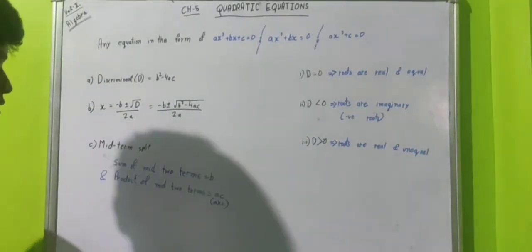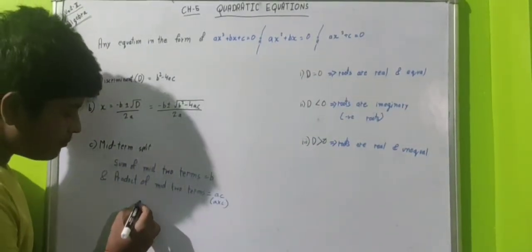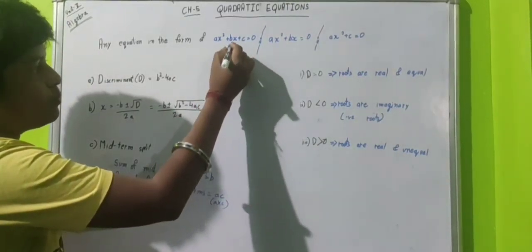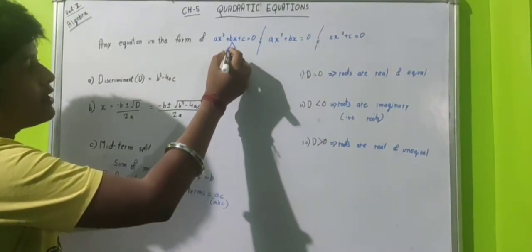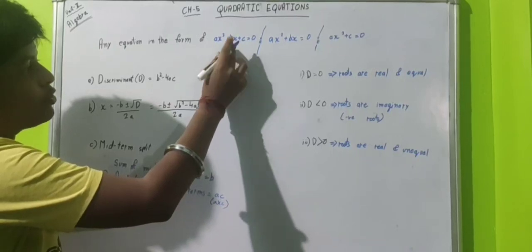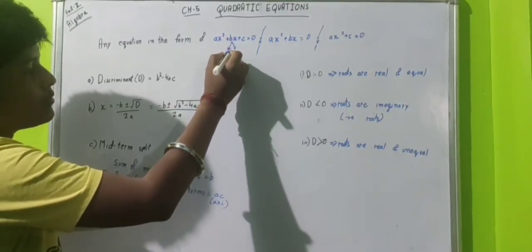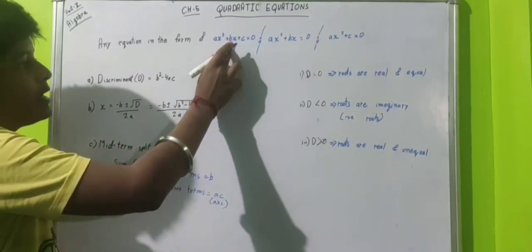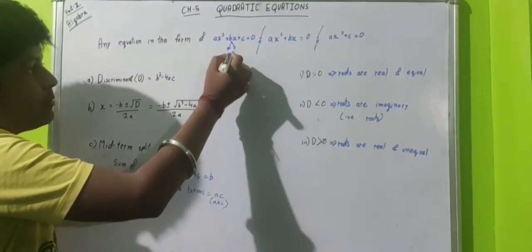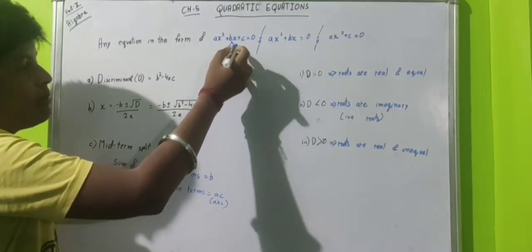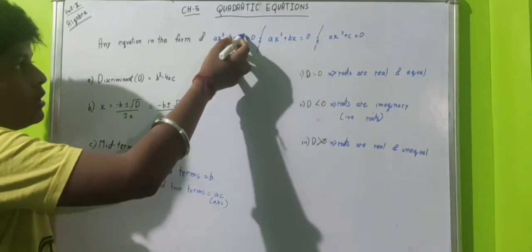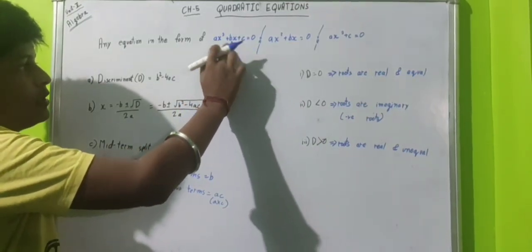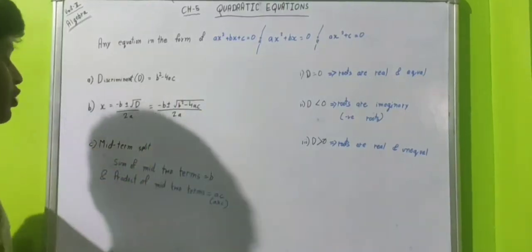Means the middle term is split into two parts, such that after adding both, the sum is equal to b, but after multiplying these two terms, the product is equal to a into c. That rule is called middle term split.